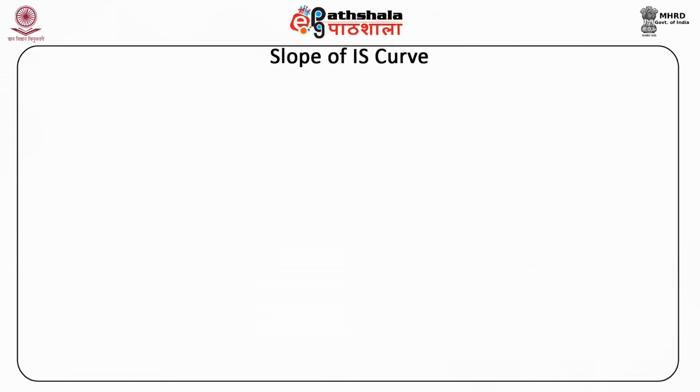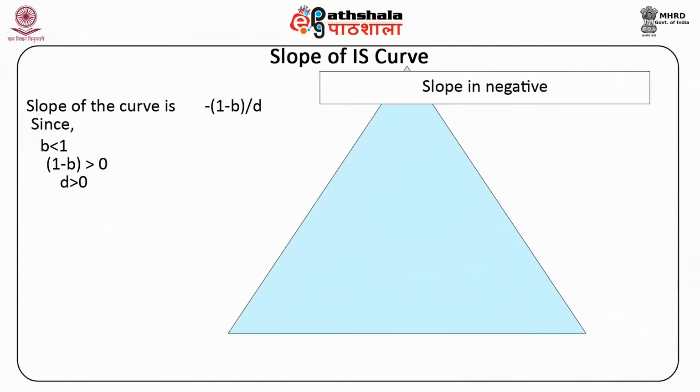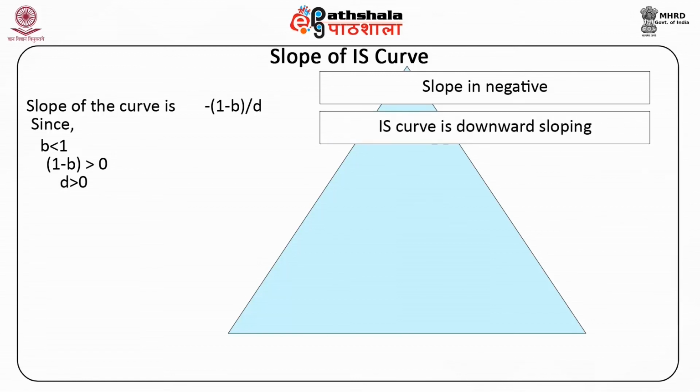As can be seen from the equation above, the slope of the curve is minus 1 minus B divided by D. Since B is less than 1, 1 minus B is greater than 0. Also, D is greater than 0. Therefore, the slope is negative, implying that the IS curve is downward sloping.